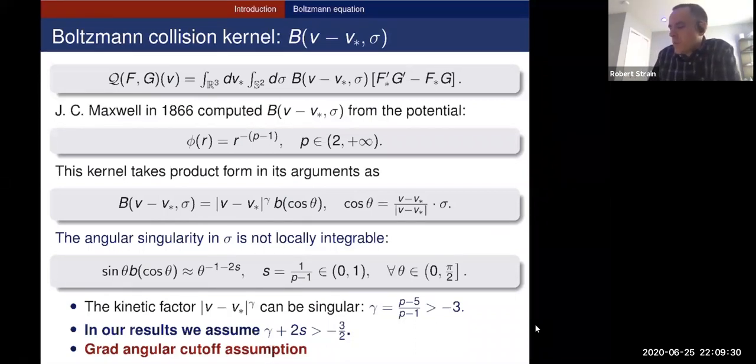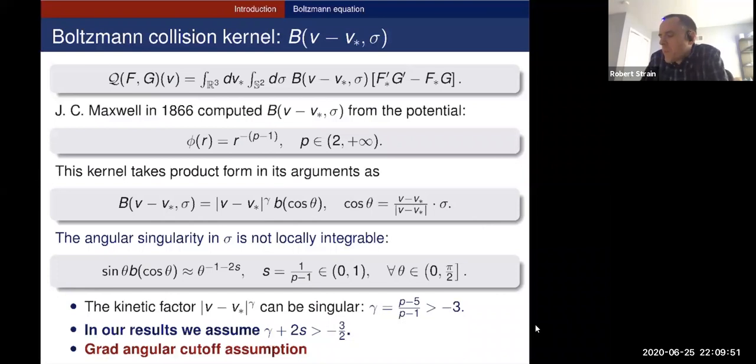And so in the results that I'll present to you today, we assume that we will decouple the dependence on gamma and s, and we'll assume that gamma plus 2s is greater than minus 3 over 2. And this assumption is satisfied by all of these inverse power intermolecular potentials.